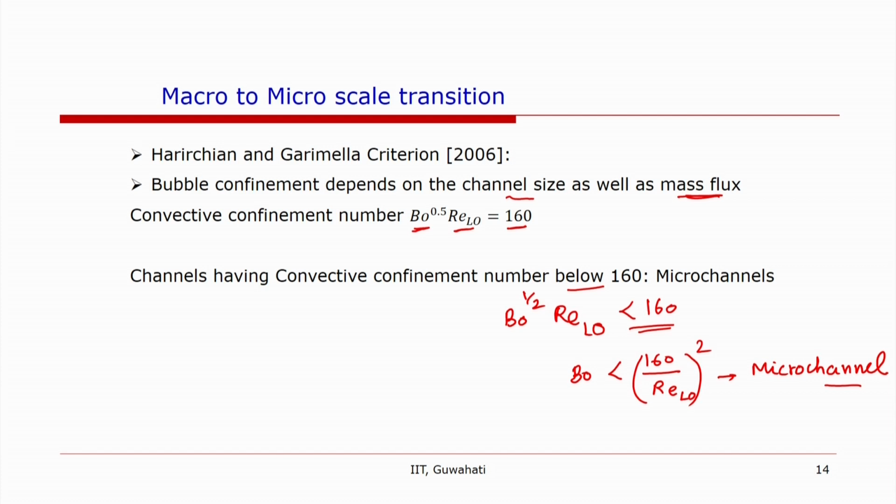So these are different criteria that have been suggested. The latest one has considered not only the properties of the liquid but also the flow behavior, which can take into account probably the shear forces.